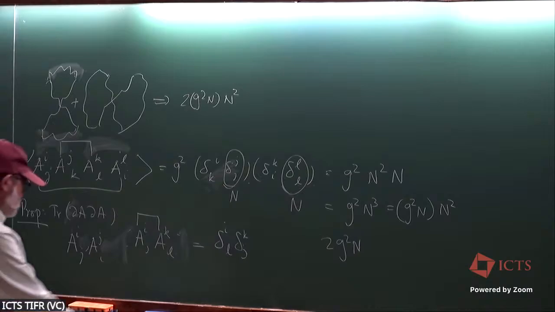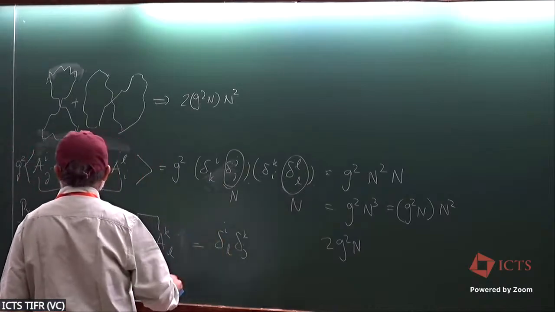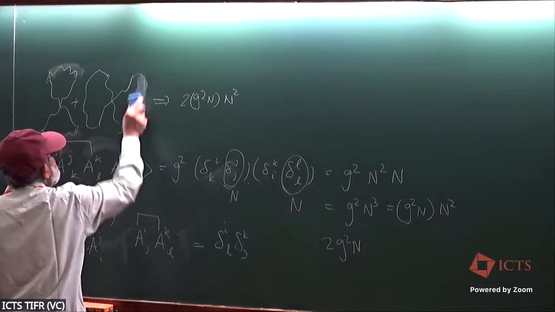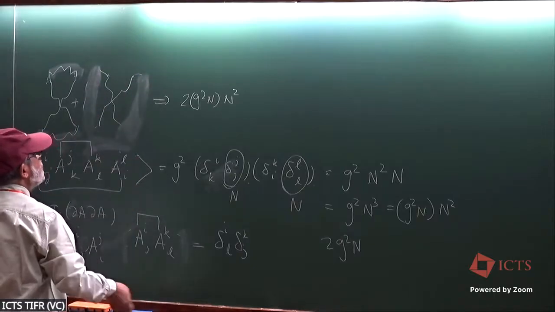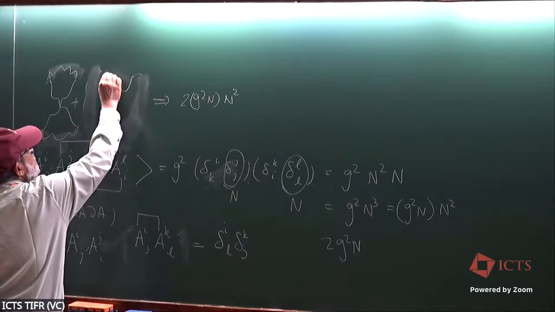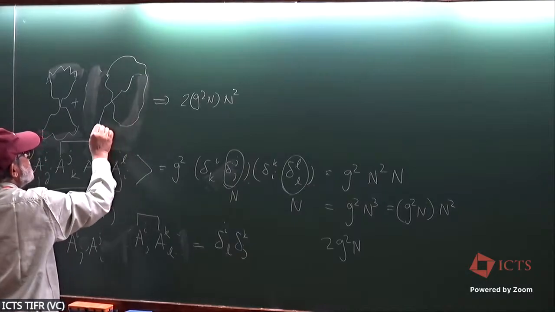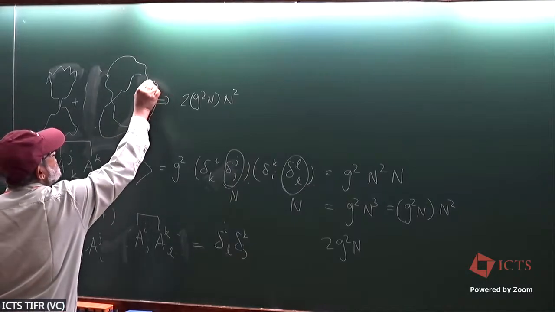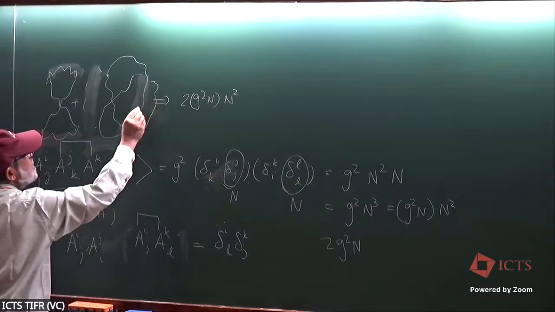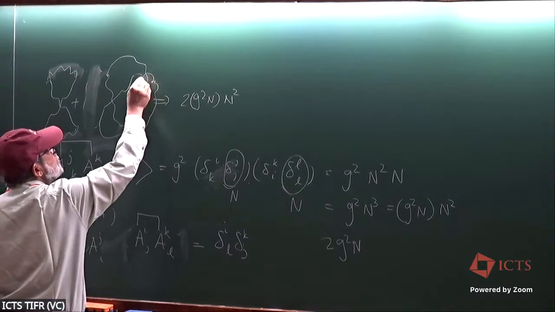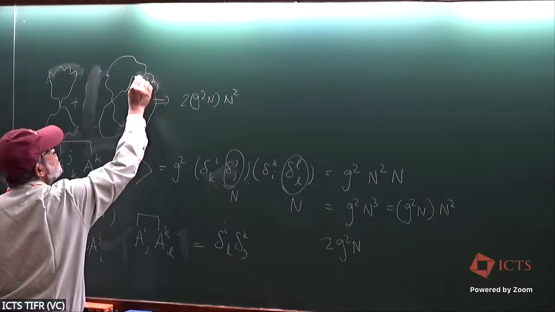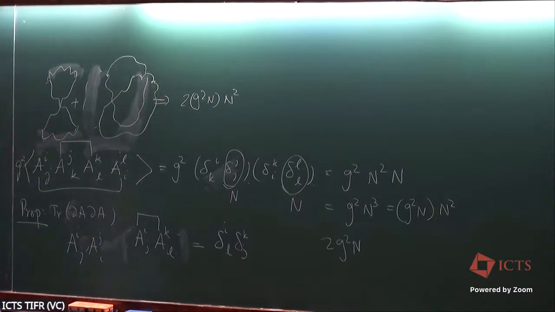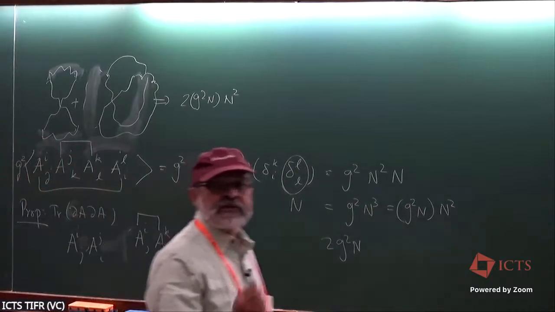Now comes the interesting one, in which I contract this with this one and this with this, in which this propagator should not intersect. So you should draw a little bridge going above this one, okay? Like this. So it requires a bridge.